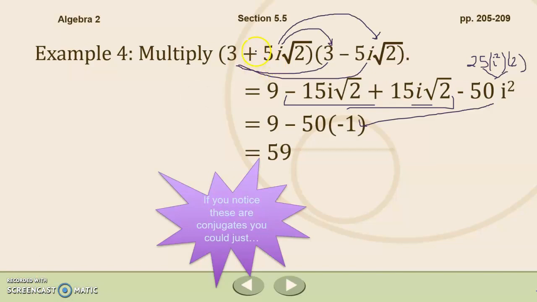Or, if we notice that these are conjugates, we could just take our a term, which is 3, and write 3 squared, and our b term, which is 5i root 2, squared. And that would give us 9 minus 50i squared, which would lead us to 59, the same answer. So you can FOIL, however, recognizing conjugates and recognizing these patterns might save you some time.